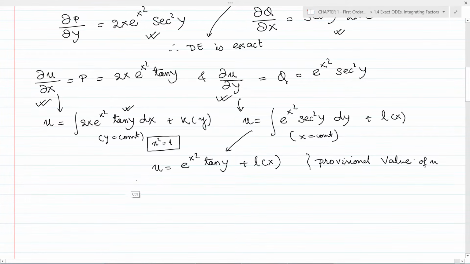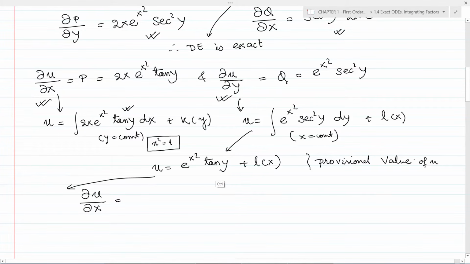For calculating L of x, now we will differentiate this u with respect to x. So we will calculate del u by del x, which will be equal to del by del x of this term.